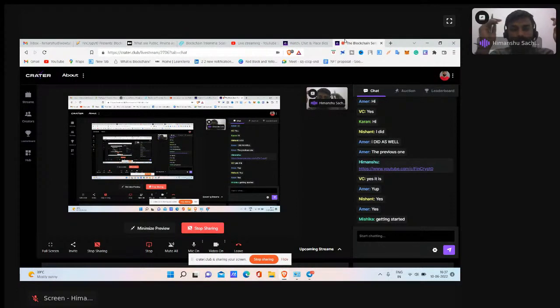This is what is known as a private or permissioned blockchain, where you can give permission at different levels. Most big private companies use permissioned blockchain to store data or to share information inside the company. So this is what permissioned blockchain is all about.